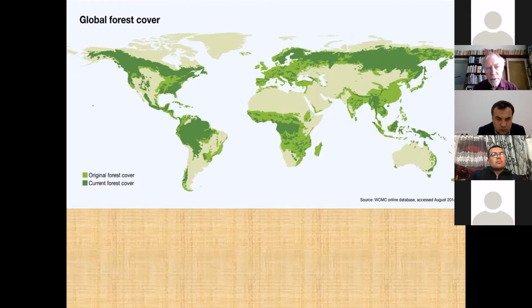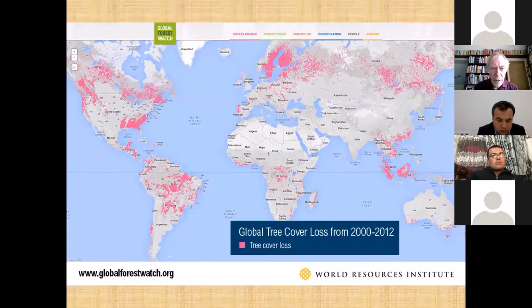You can see that in the northern part, you have the boreal forest, for example, Sweden, Finland, northern Siberia, and so on. And then around the equator, you have the tropical forest. Both of them are very much hit by deforestation, which is not sustainable, I should say.